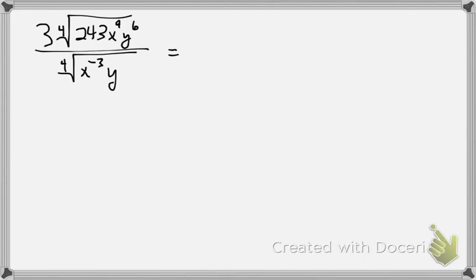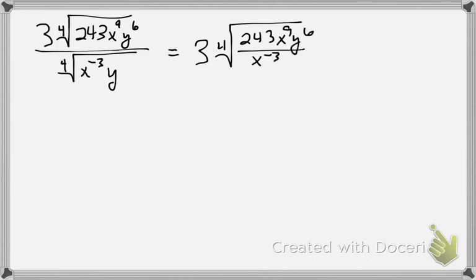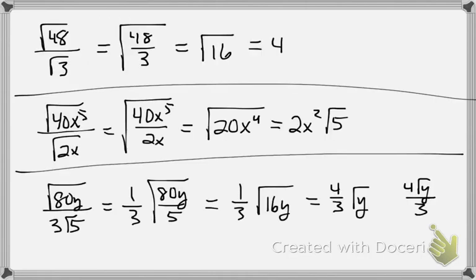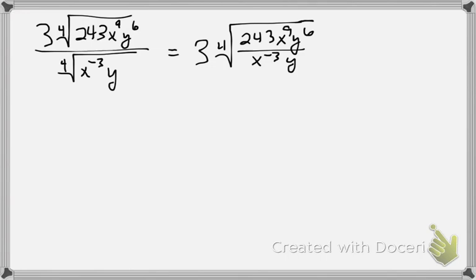But who's outside? 3. But this time it's in the top, so that means it's just 3. And then the 4th root of 243 x to the 9th y to the 6th over x to the negative 3y. You guys agree? And you see the difference between why it was a 1/3 in the previous example, because the 3 was in the bottom, and why it's a 3 here, because it's in the top.